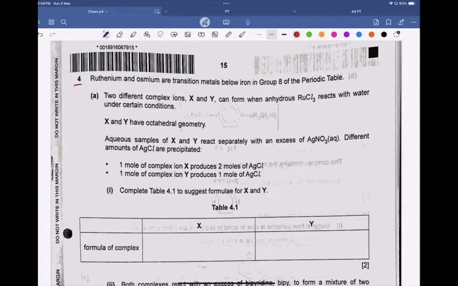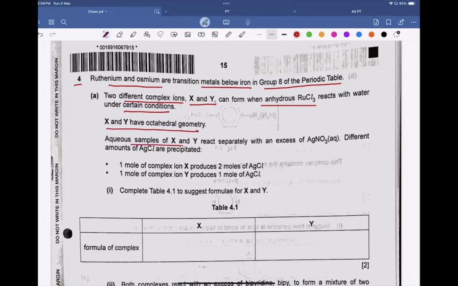Ruthenium and osmium are transition metals below iron in group 8 of the periodic table. Two different complex ions, X and Y, can form when anhydrous ruthenium(III) chloride reacts with water under certain conditions. X and Y have an octahedral geometry.